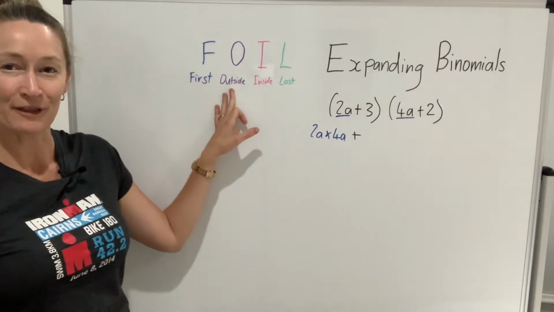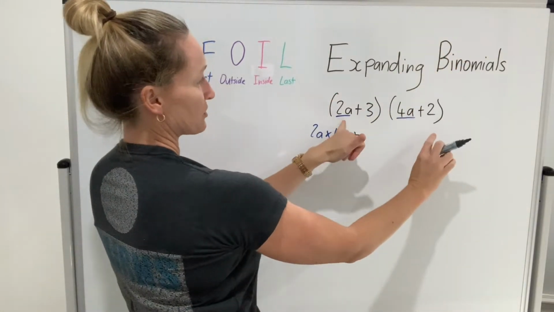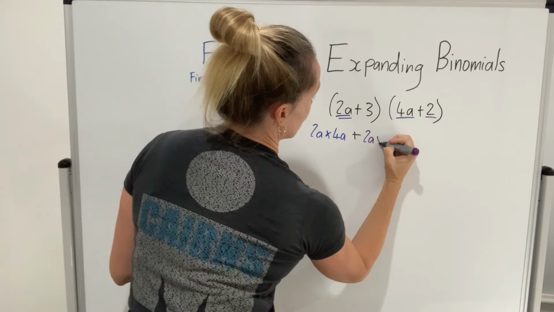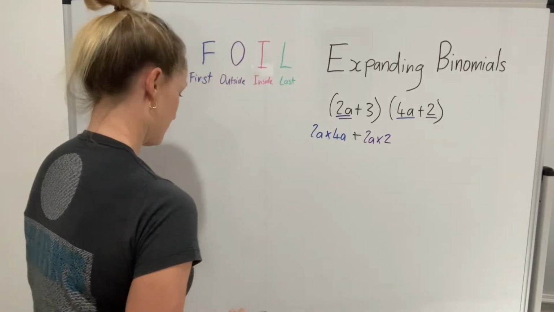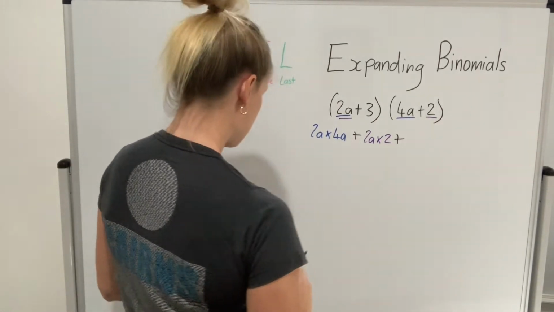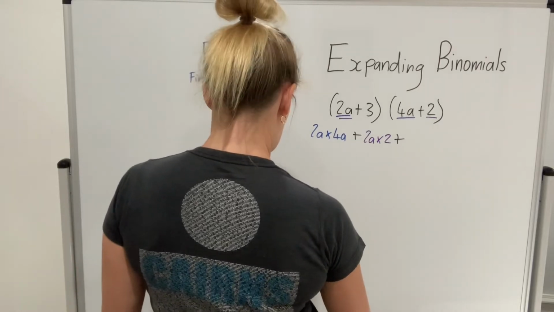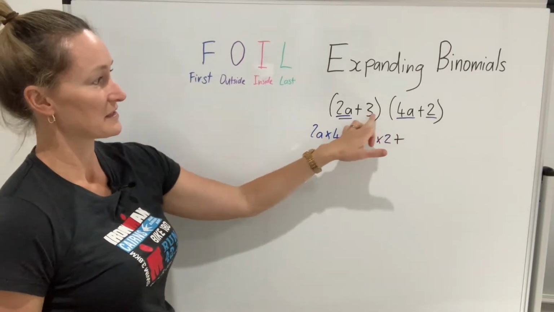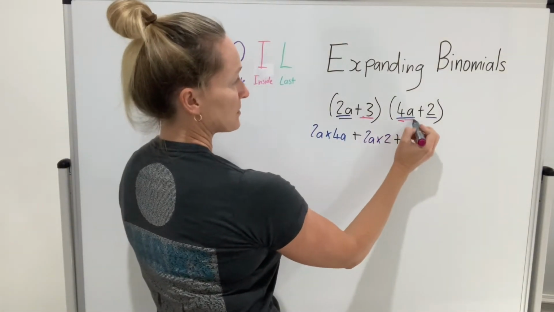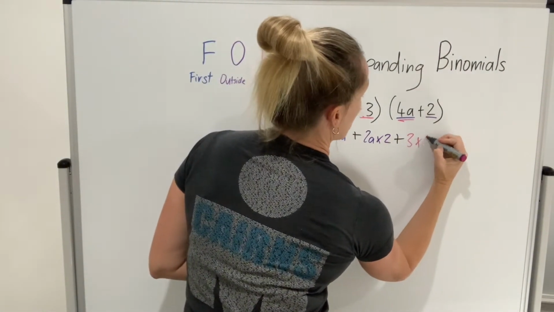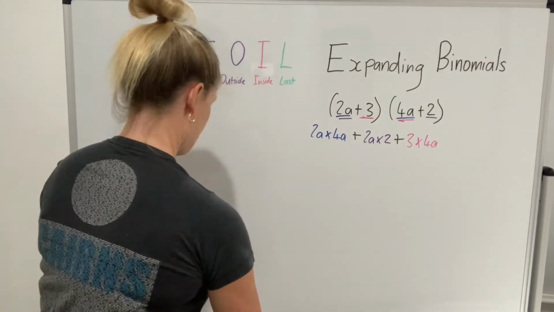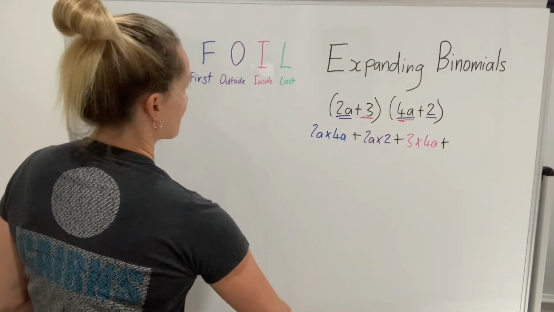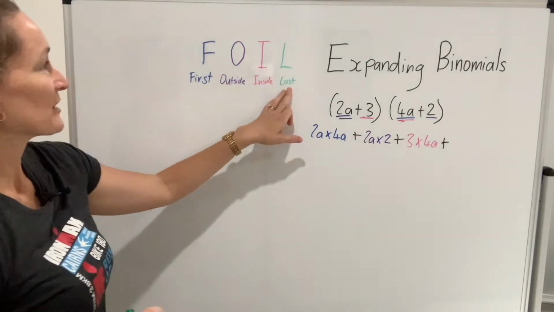O, so we're looking for the outside term. So 2A multiplied by 2 plus the inside terms, so these two are on the inside, 3 multiplied by 4A plus, and then we're up to the outside, or the last.